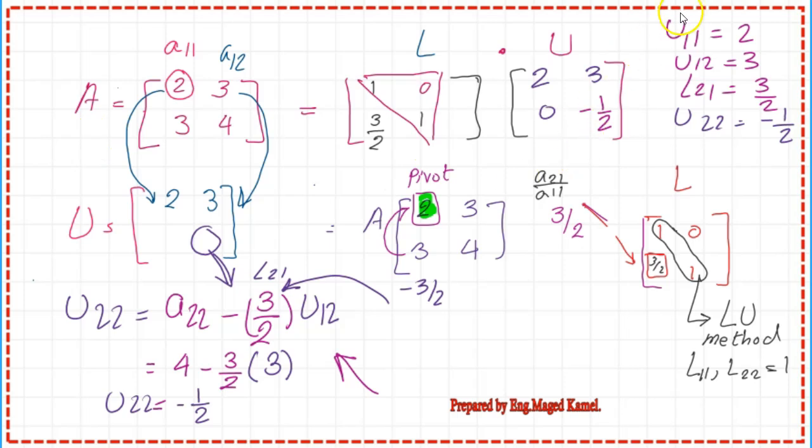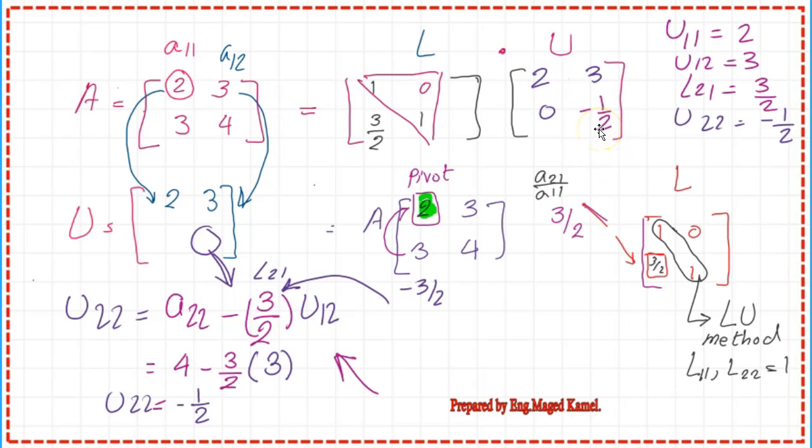From our observation, we have listed all the values for u11, u12, L sub 21, and u sub 22. If we divide this by this, we get this corner. We have 1 on the corners, and this is 0. These two elements go straight directly to the upper left corner: 2 goes here and 3 goes here.